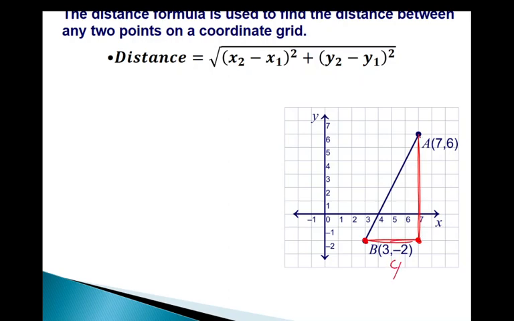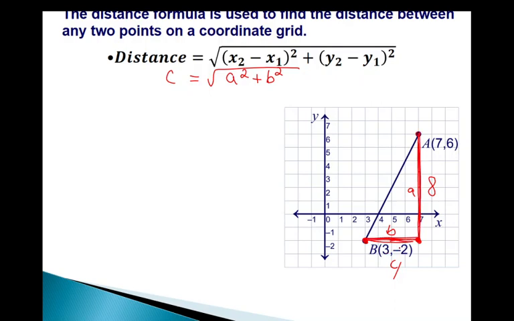This distance from here to here, 1, 2, 3, 4, 5, 6, 7, 8, is 8. Okay? And this basically represents c equals the square root of a squared plus b squared. This is side b right here. This is side a. That means that if you know this distance and you know this distance, you can do that.